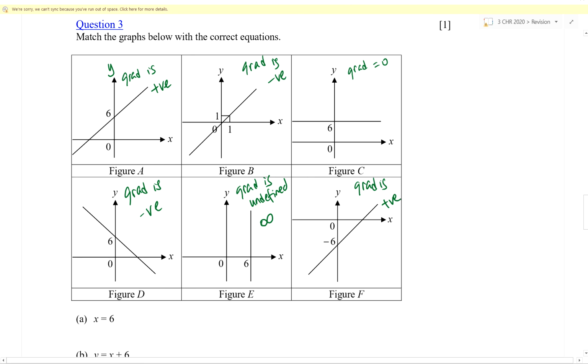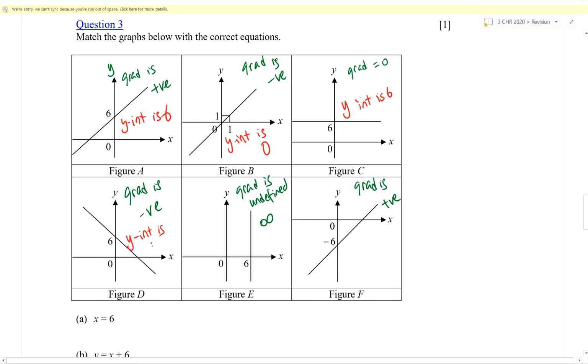Now that we have talked about the gradient, let's take a look at the y-intercept. Y-intercept is 6. Where it cuts the y-axis. Over here, y-intercept is 0. Y-intercept is 6.